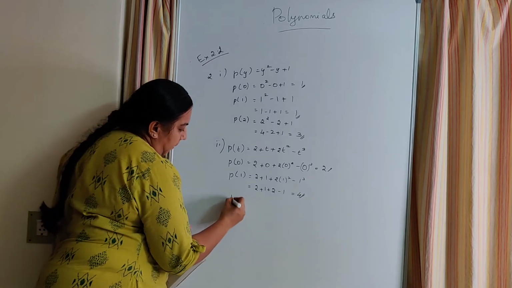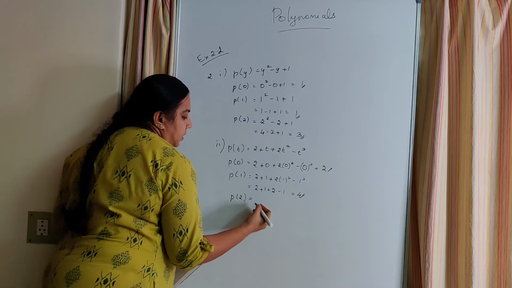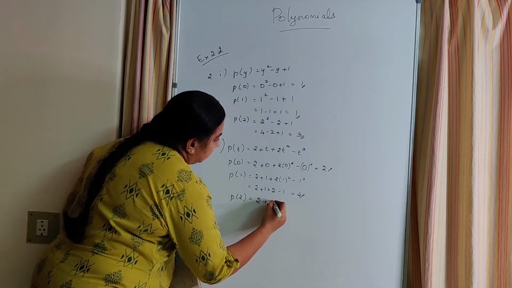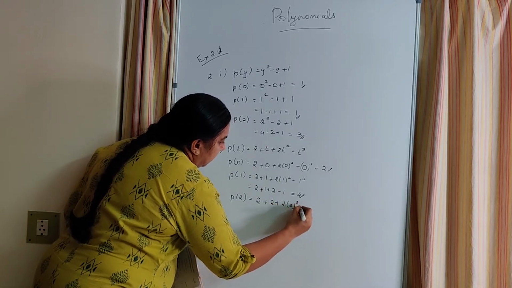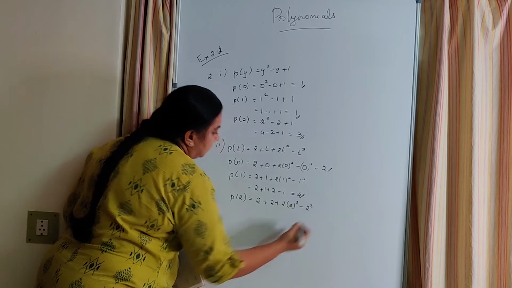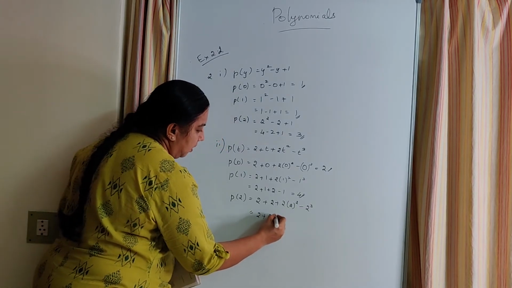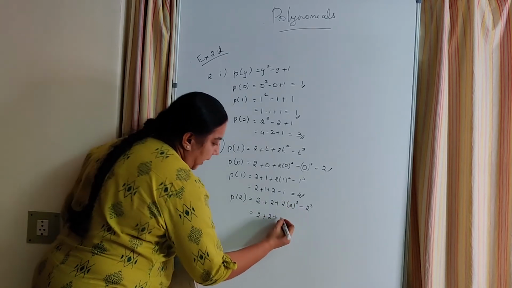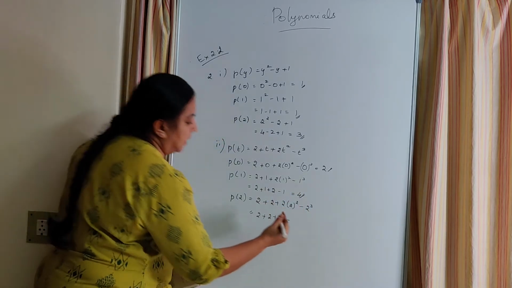Then P of 2 we have to find. In the place of t I am going to substitute 2 there. 2 plus 2 into 2 square minus 2 cube. Here 2 plus 2 plus 2, 2s are 4, and again I am multiplying it with 2, so 8, and here 2 2s are 4, 4 2s are 8.